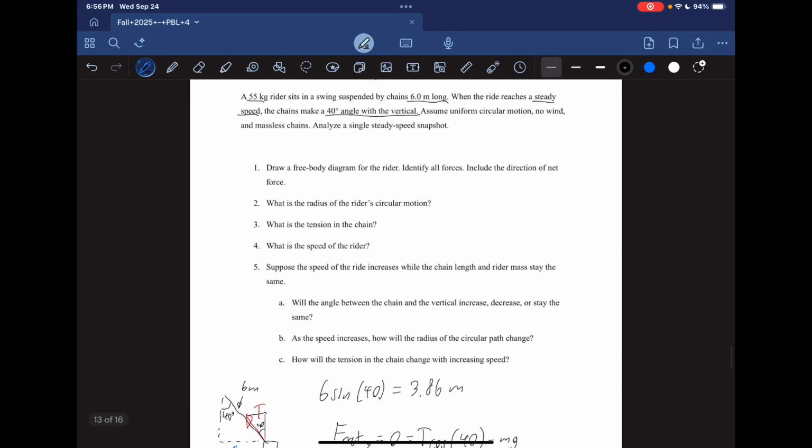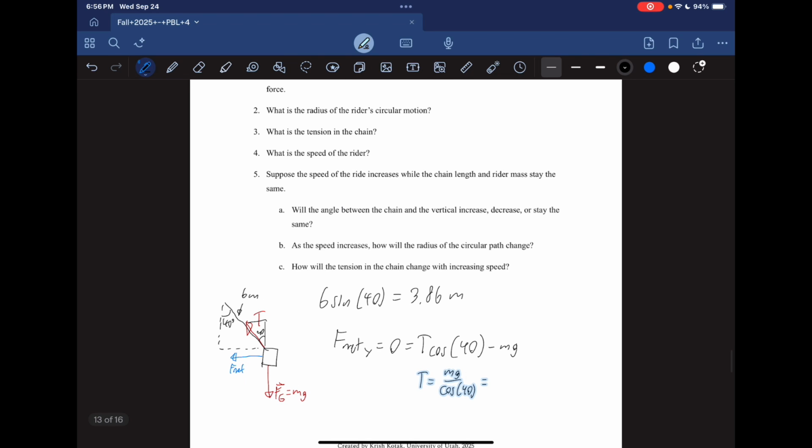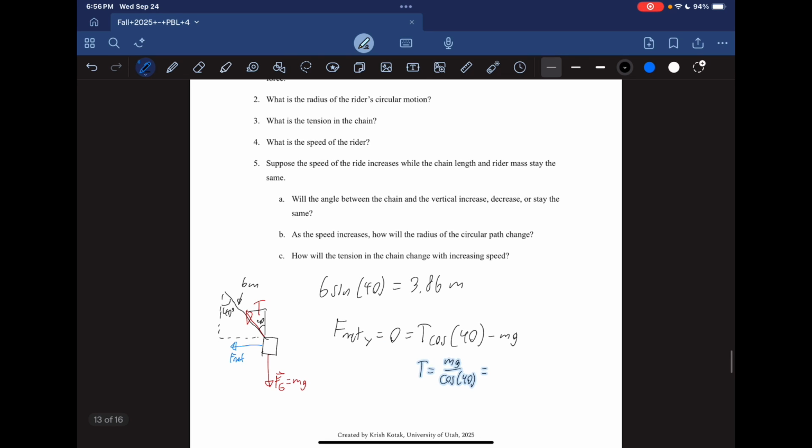The mass is 55 kilograms. The theta is 40 degrees. g is 9.8. You plug all of that into the calculator. Let me plug it in real quick. So we get 55 times 9.8 divided by cosine of 40 degrees is 703 newtons.